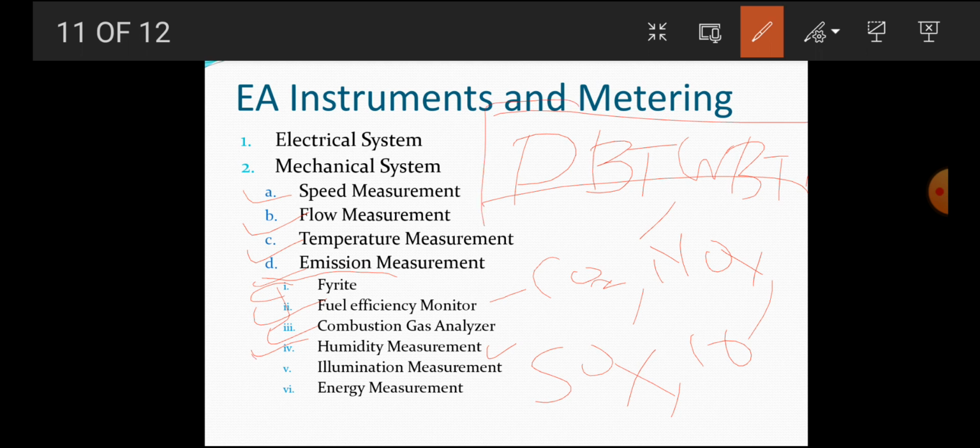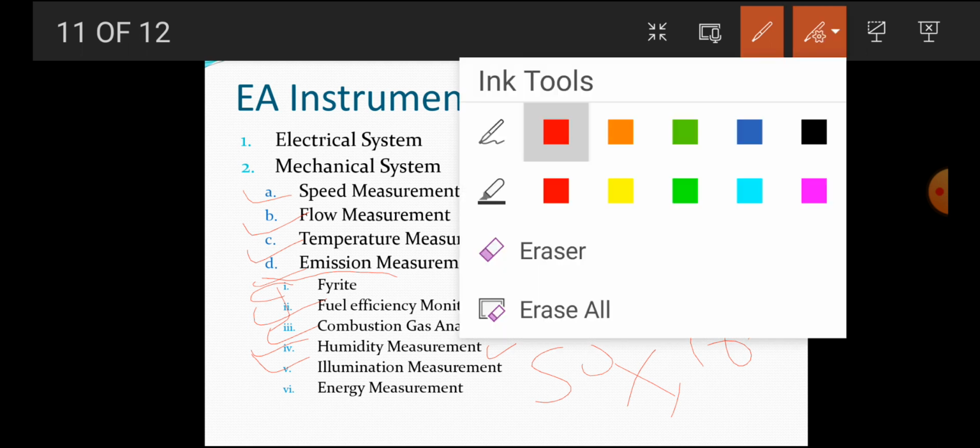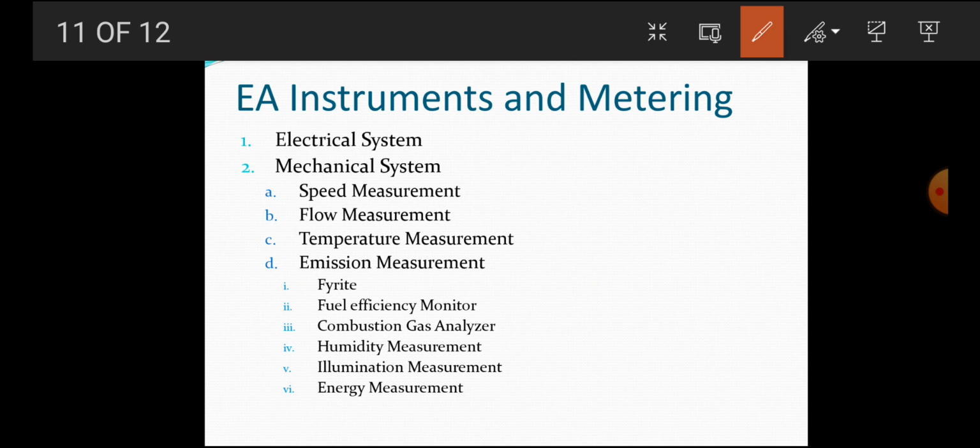Then illumination measurement. In illumination measurement, a lux meter is used for measuring illumination.